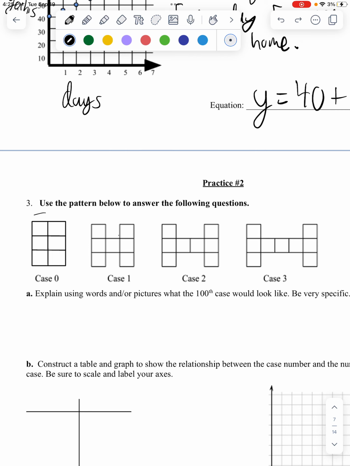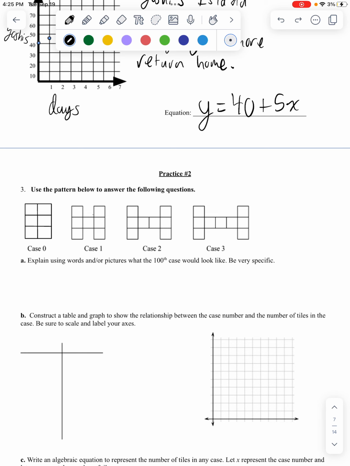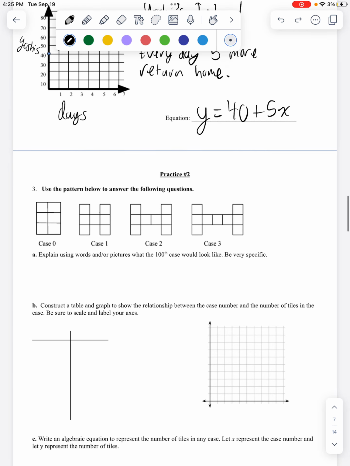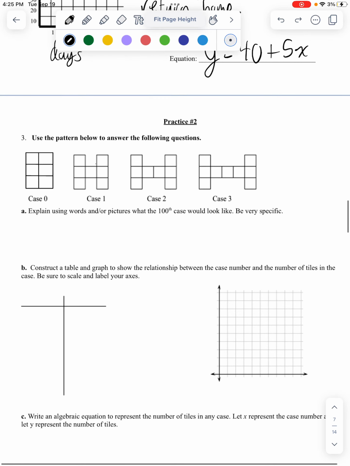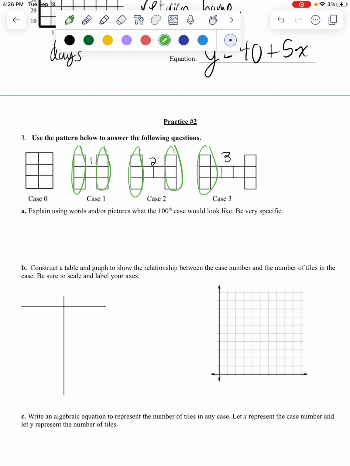So I drew my case 0 with 0 blocks in the middle. Case 1 had 1 in the middle, 2 in the middle, 3 in the middle, right? But then we always started off with the 6, right?